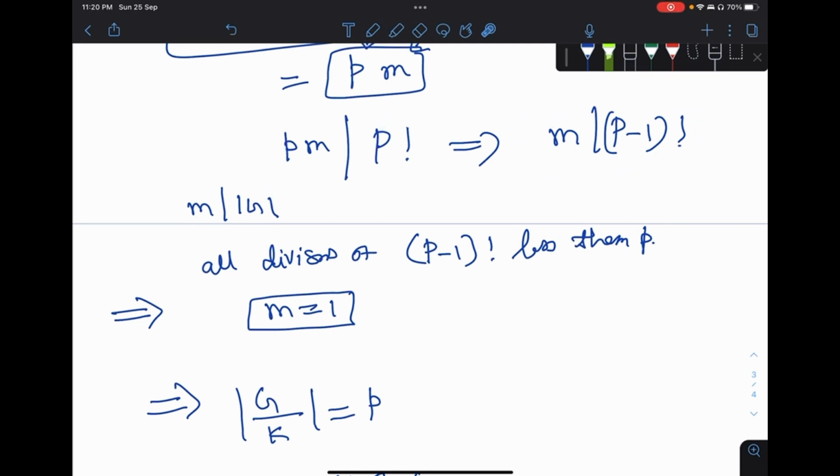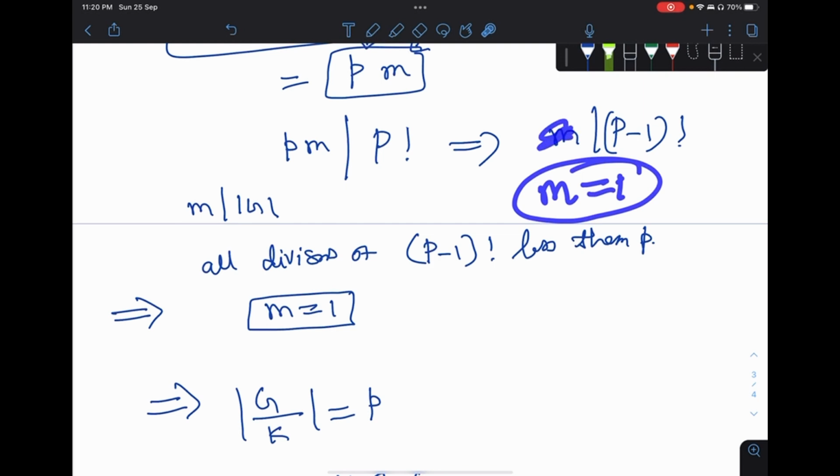You can see that any prime dividing m should be a prime factor of this, but the prime factors of this are clearly less than p. So there cannot be a prime involved in m, since p is the smallest prime dividing the order.